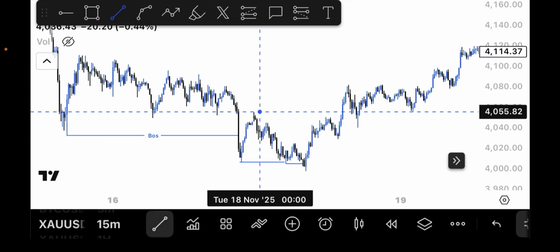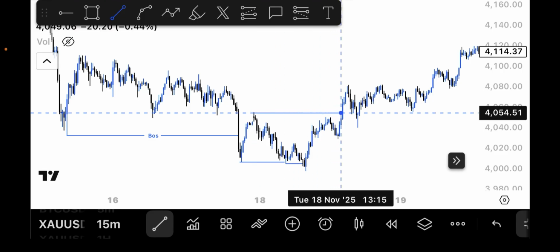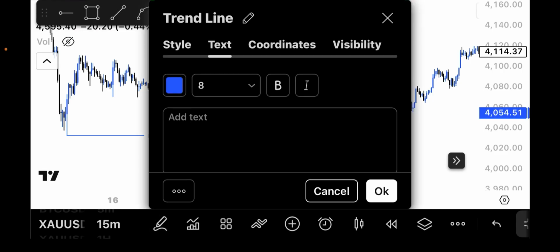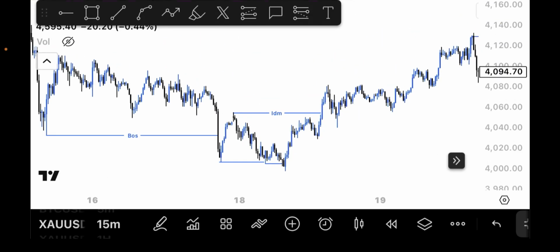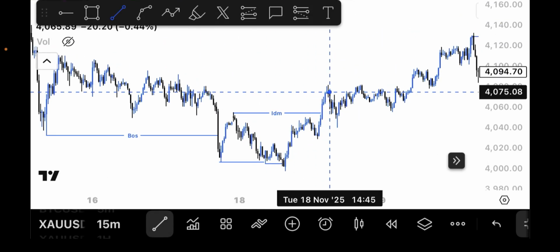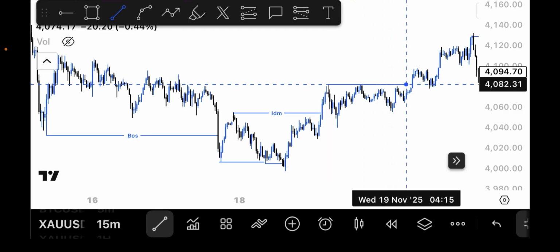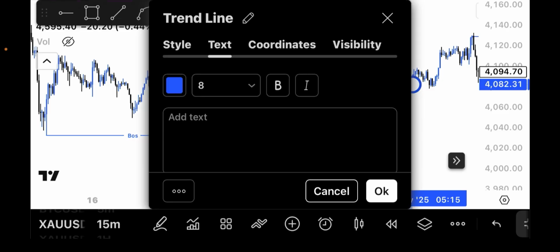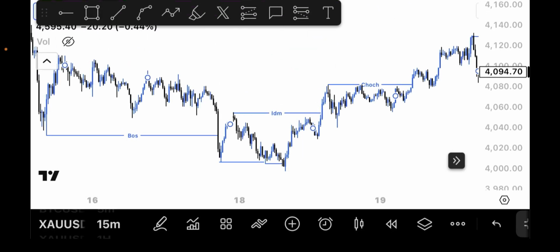We have our inducement, which is this recent high here. This is our inducement. After the inducement, the next high here is our change of character, which is CHoCH. This is our change of character.